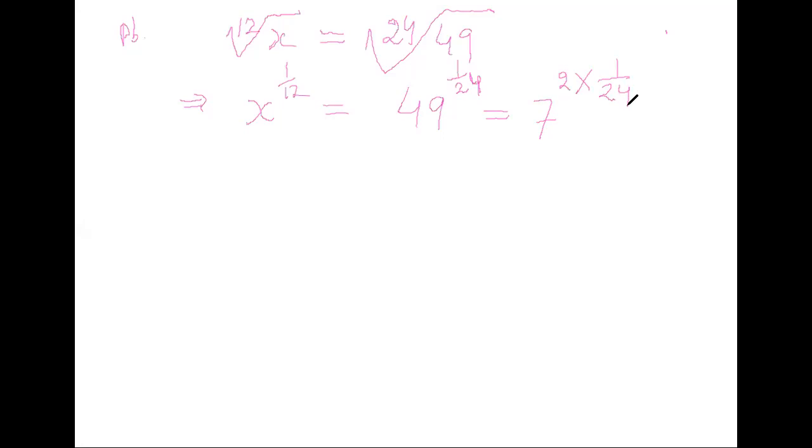And now you see, let us have cutting. 2 goes with 24. And here it is 12. Here it is 1. So the new power of 7 is, yes, very good, 1 over 12. And on this side, the power of x was also 1 over 12. See how wonderful it is. Now the powers are same.